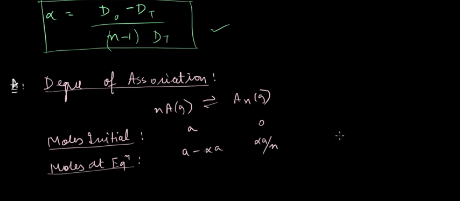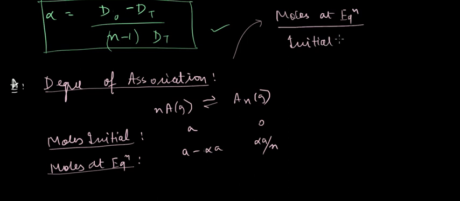Continuing from here, moles at equilibrium divided by initial moles of reactants would be A(1 minus alpha) plus alpha A by n, divided by A.